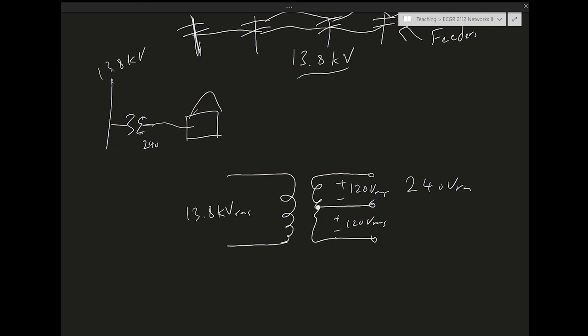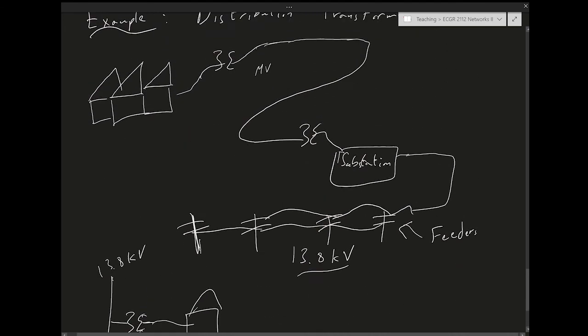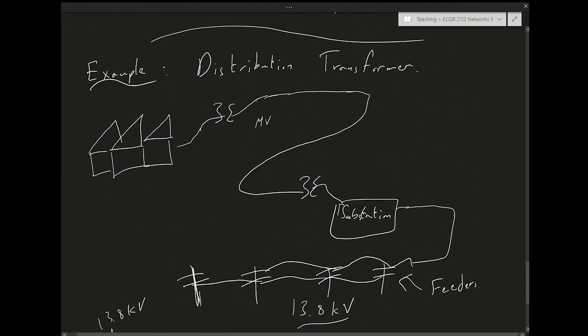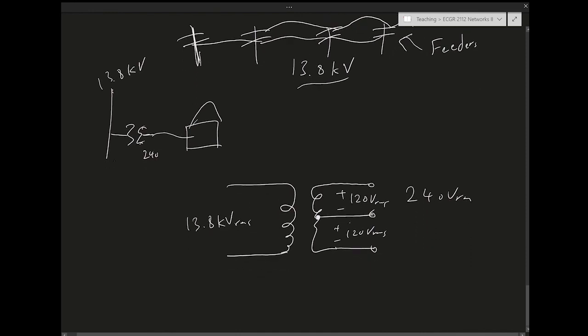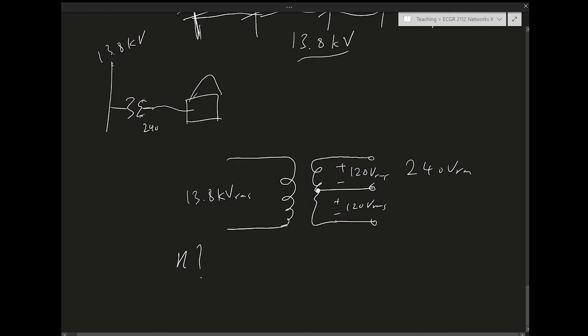Right? So what's the problem here? What are we trying to solve for? Well, the question is, what would the turns ratio be for such a transformer? And assuming that such a transformer doesn't only feed your house, it feeds a bunch of houses. Let's say it's not economical to have one transformer per house.